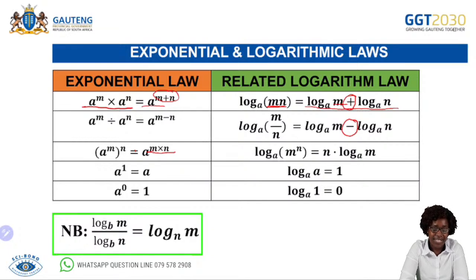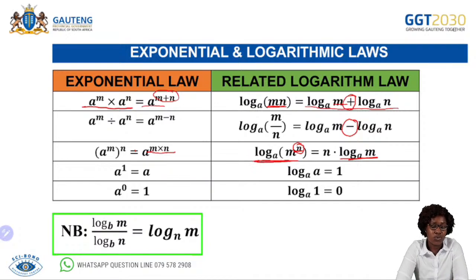Instead of us multiplying in the exponent, we are going to multiply the exponent, that is the n, with our log. So please do be careful when you are working with this one. You need to make sure that you remember that you take your exponent, which is your n there, then you are going to multiply it with the log that you have.